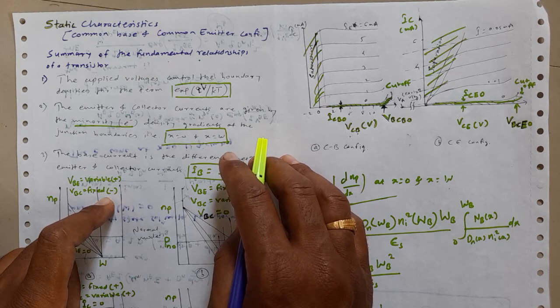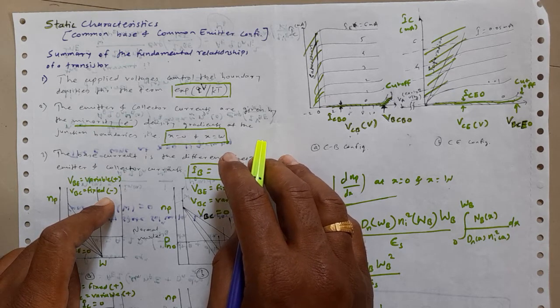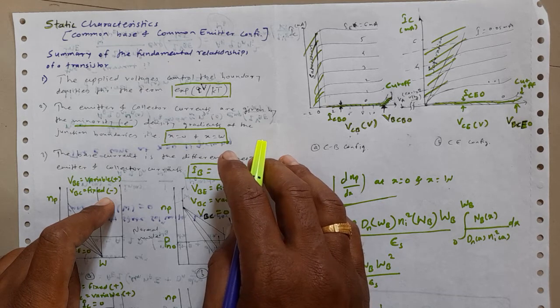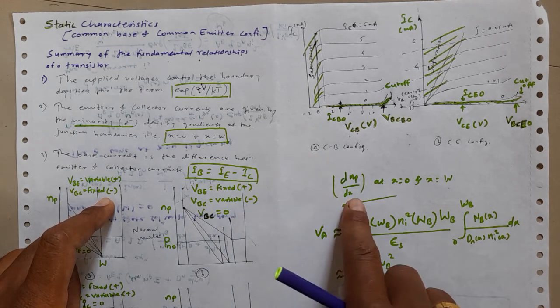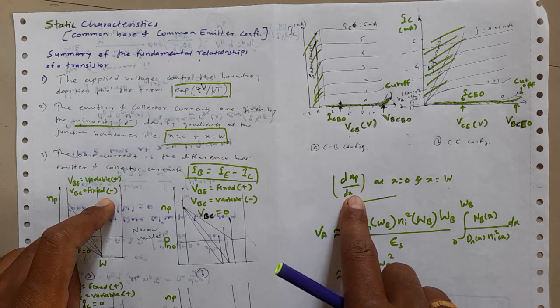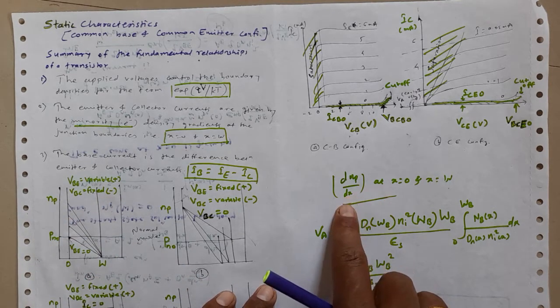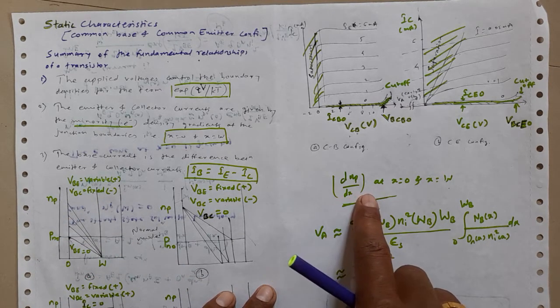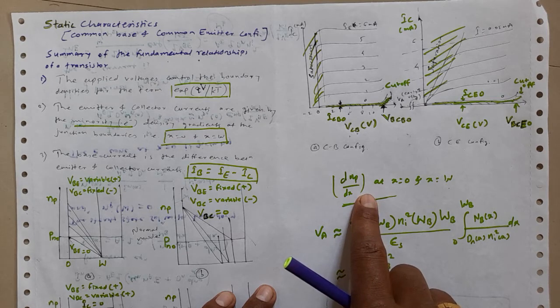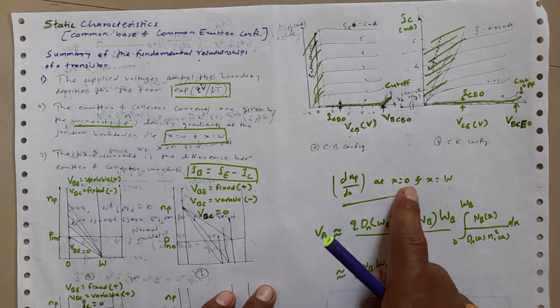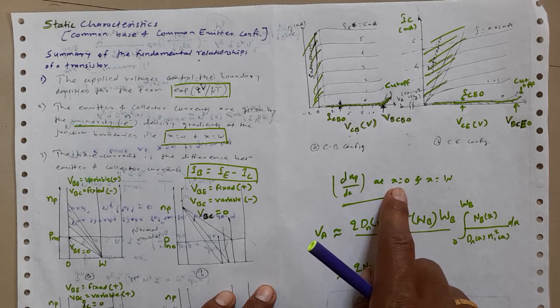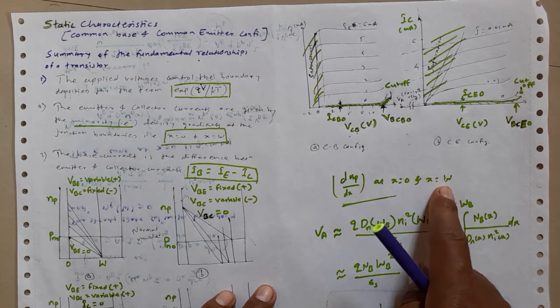Also the expressions for the emitter current and the collector current reduce to proportionality: the collector current and the emitter current are proportional to the gradient of the minority carrier concentrations at the boundaries between the emitter and base and between the base and collector.